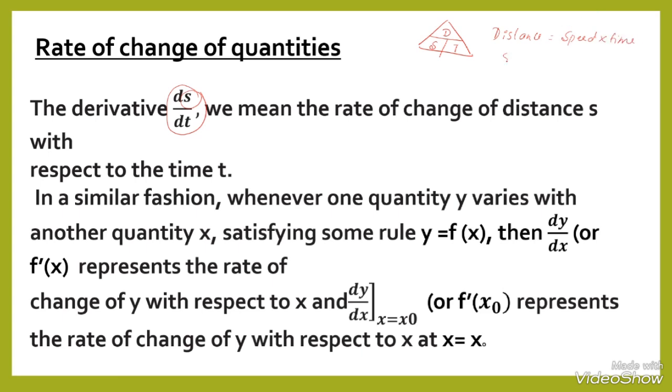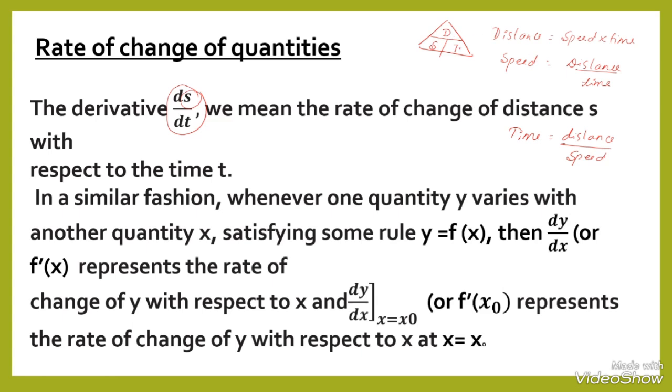If we have speed, by using this diagram I can say distance by time. Similarly, if we want time, it is distance divided by speed. So I simply denoted the formulas related to distance, speed, time.